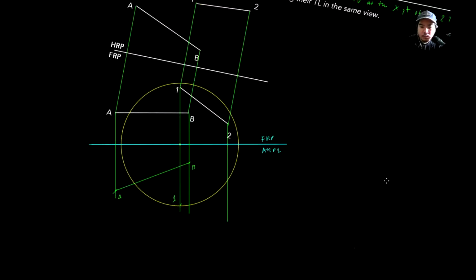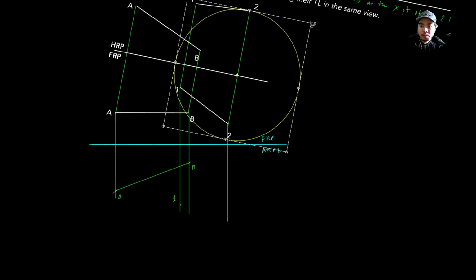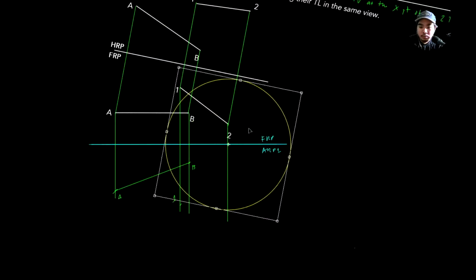Drawing natin dito 1. Tapos last is point 2. Hopefully, pasok pa rin siya. Okay. Dito si 2. Okay. Pasok naman both lines.